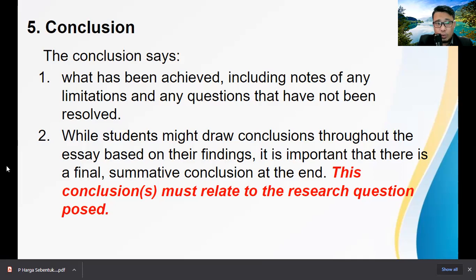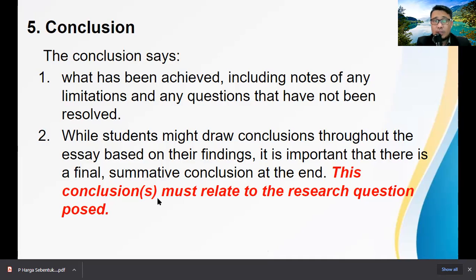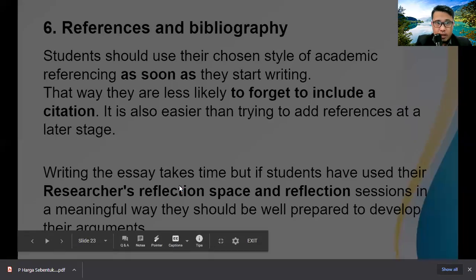And also here, you can draw conclusions throughout the essay based on the finding. But it is important that there's a final summary conclusion at the end. That means your conclusion must relate to the research question posed, so you also have to make it relevant or connected to your research question, and there's an answer for your research question, right?